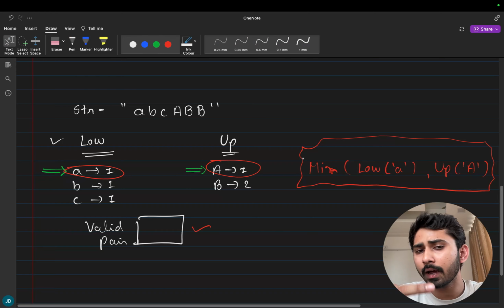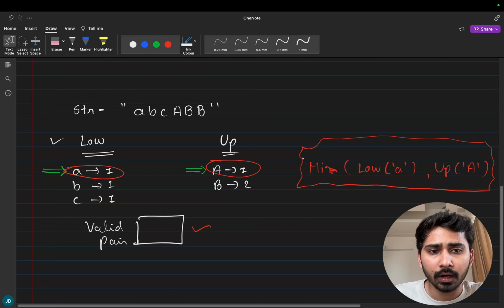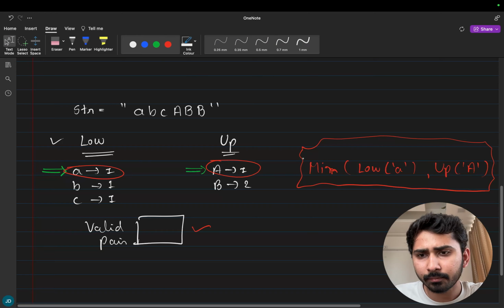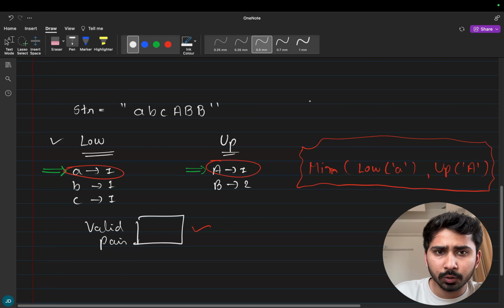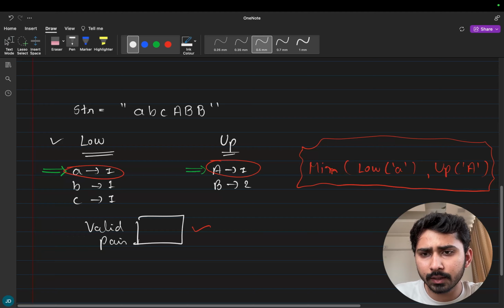I'll give you an example shortly, but for now imagine I have taken the minimum. Here it is 1 and 1, so the minimum is 1. It will contribute one pair to the valid pairs that already exist.